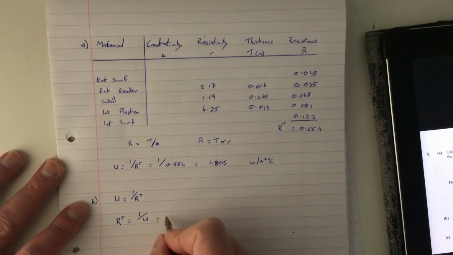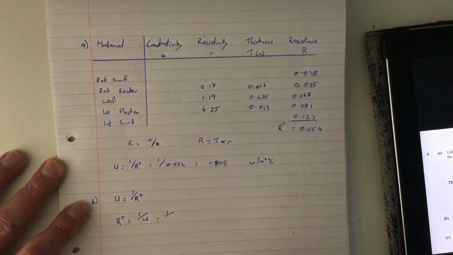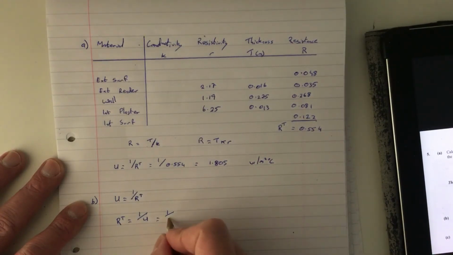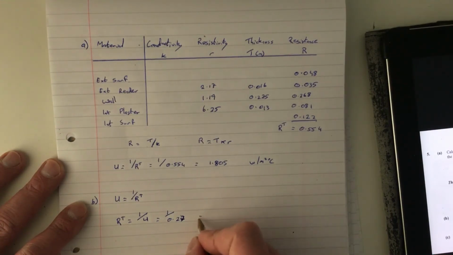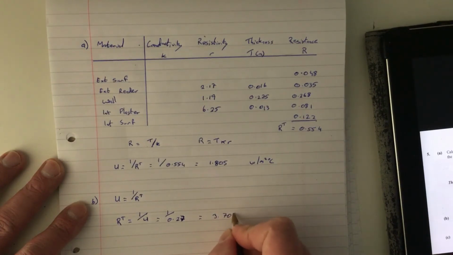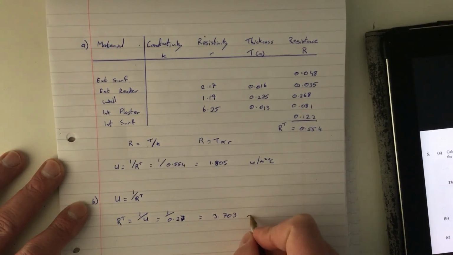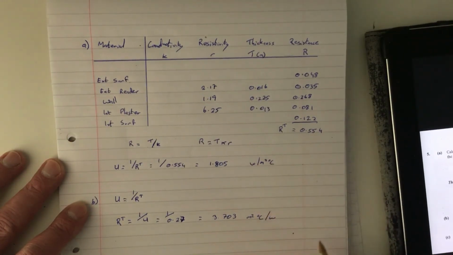Now, I know in this case, 1 divided by my U value for part B of this question, 0.27. So 1 divided by 0.27 should give me a total resistance of 3.703 meters squared degrees Celsius per watt. The opposite way around is this.